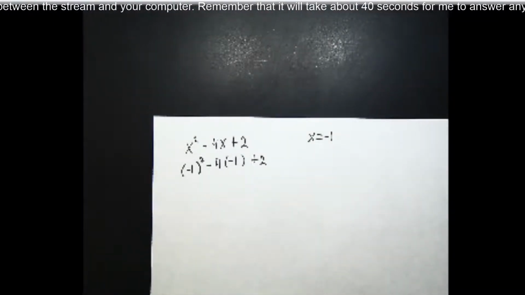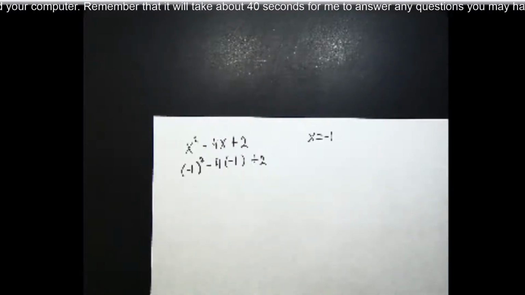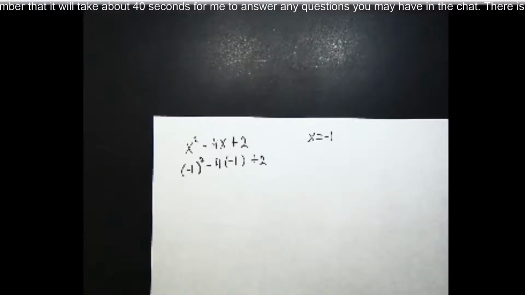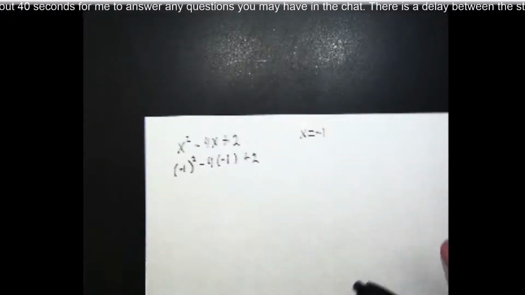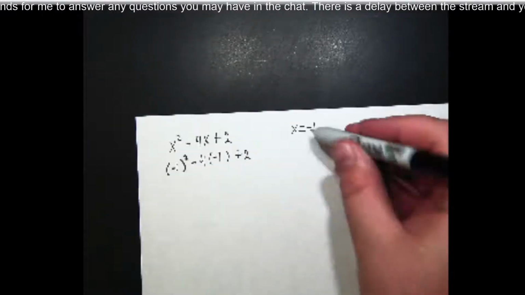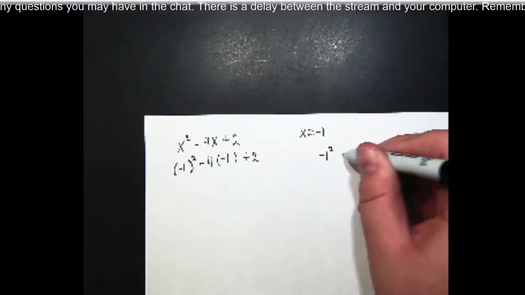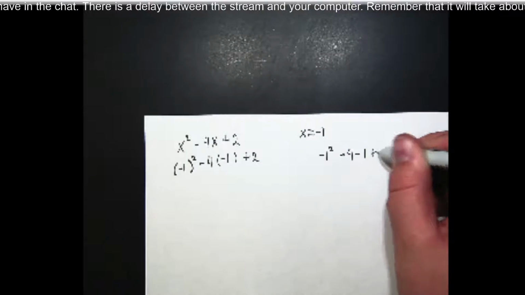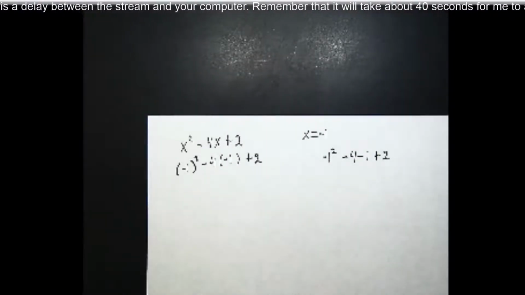Okay, so again, parentheses are really important for when we're sticking these values into our variables. You can imagine that if I hadn't used parentheses, which would be the wrong thing to do, this would look like -1 squared minus 4 minus 1 plus 2. So two things have gone wrong here.